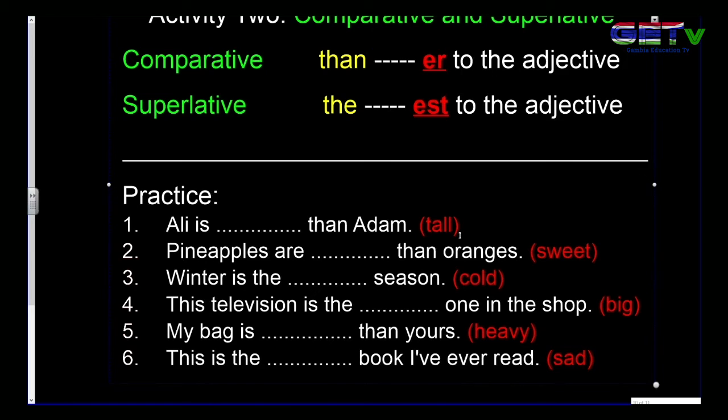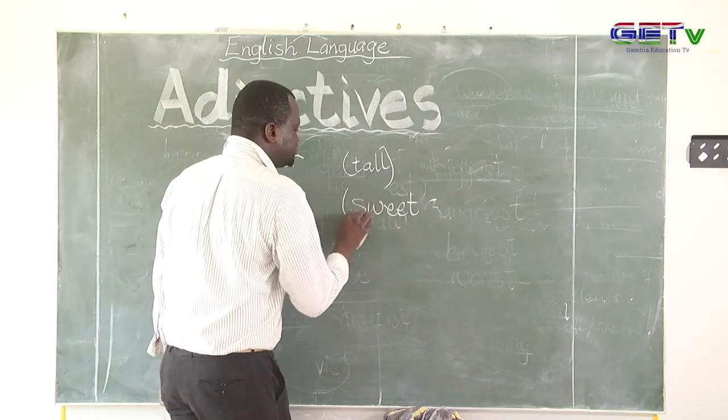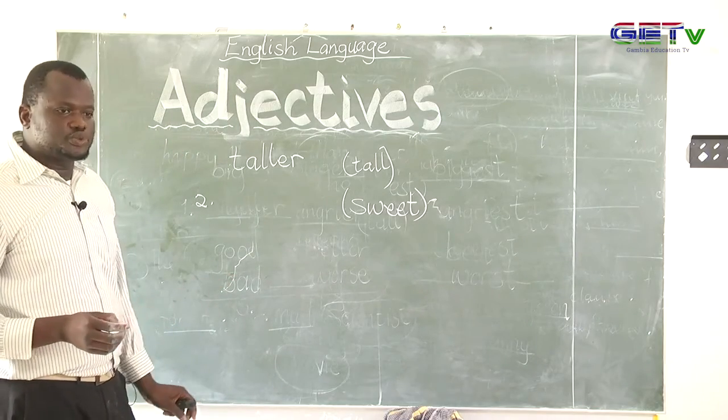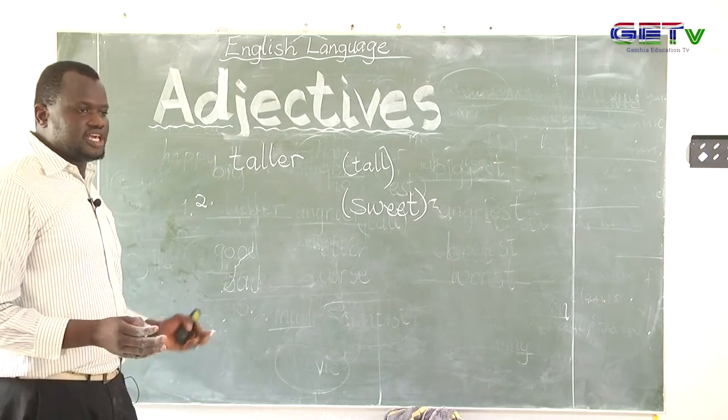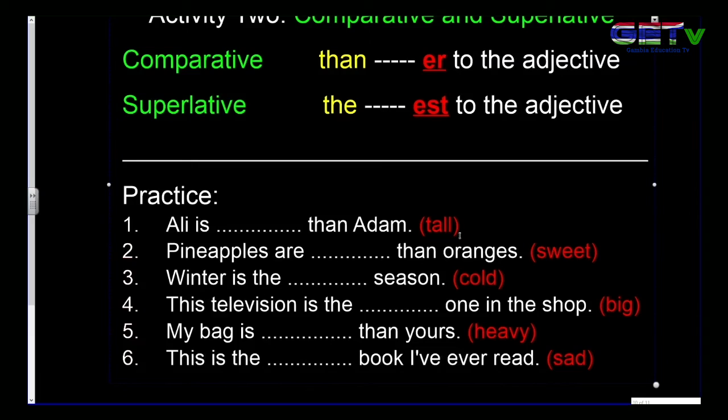Now we move to the second one. Pineapples are blank than oranges. And the adjective we have in brackets at the end of the sentence is sweet. Here we are also comparing two things, pineapples and oranges.